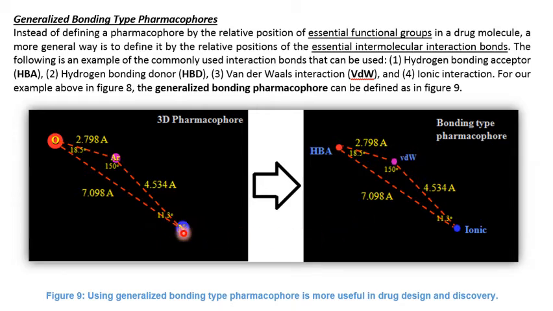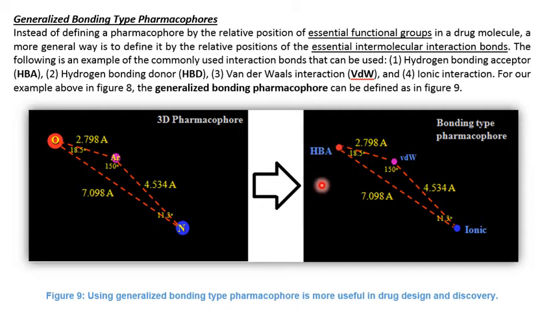And finally, this nitrogen, the quaternary nitrogen, is responsible for making an ionic interaction. Once we define the type of interactions, again, we define the relative positions of these interactions in space. This form here is called the generalized bonding type pharmacophore.